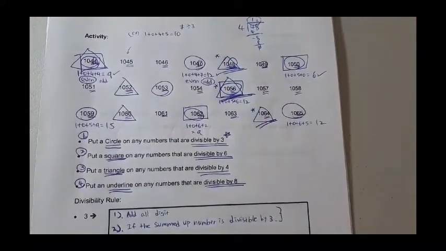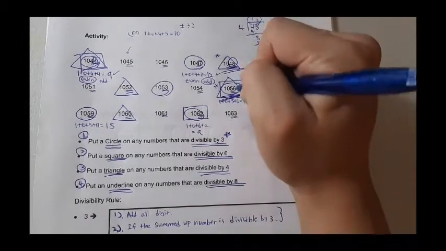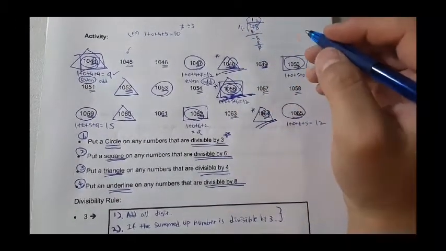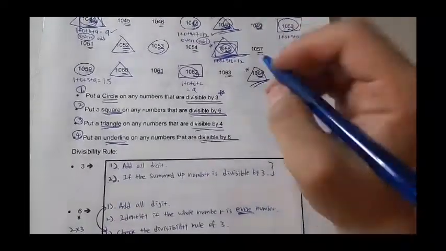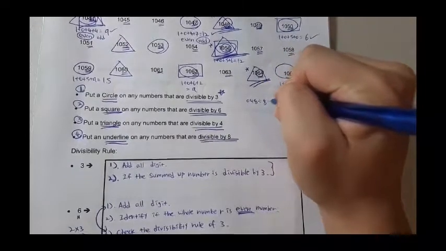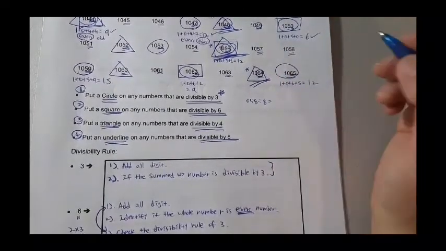Once you do everything, ladies and gentlemen, you should discover 3 numbers that are divisible by 8. And the way that I figured it out is I focus on the 3 digits. Like 048. Is that possible? Yes, it is.